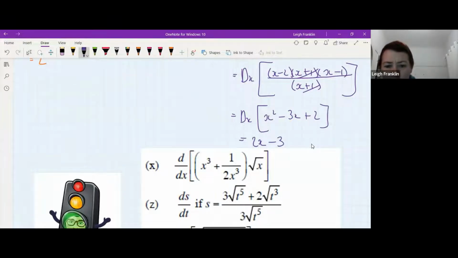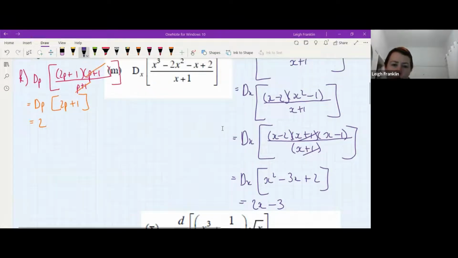Do you guys agree? Did you get the same answer? 2x minus 3? Question M? Cool, Chiamo, well done. How's everybody else doing? Does it make sense what I've just done?